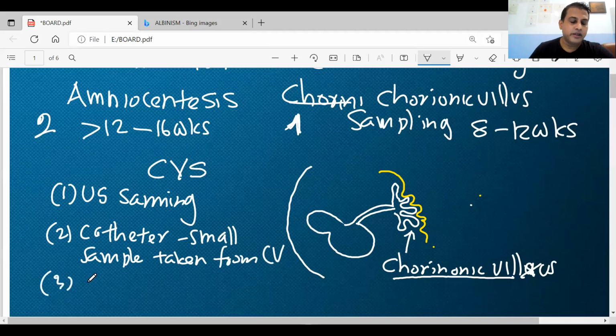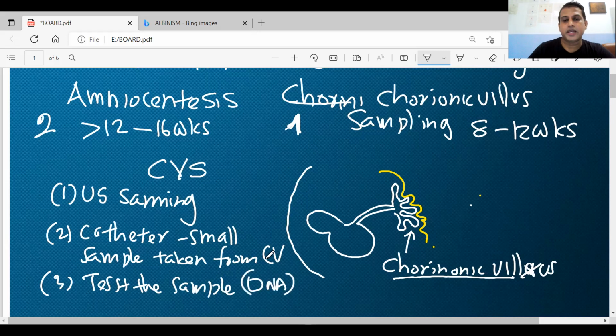Number 3, then test the sample. They can analyze the DNA to find any known recessive alleles. And if they find the combination of homozygous recessive conditions, then this confirms there is a chance of having a genetic defect in the baby, right?